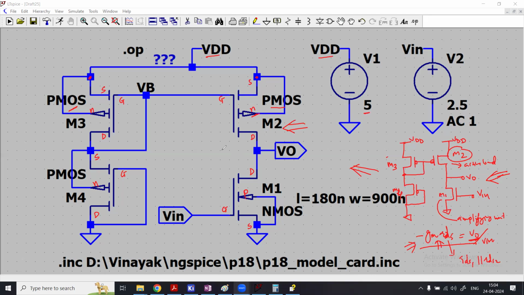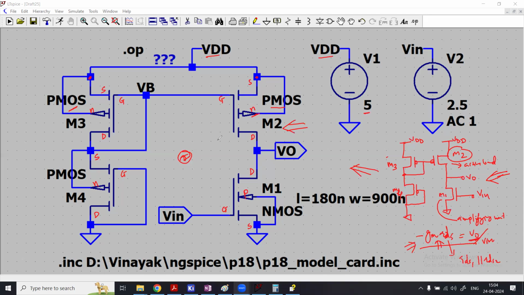Coming back to our circuit right here, we are talking about this circuit, for which we have used SPICE to take the devices from the SPICE library, and we have accordingly connected all those together.